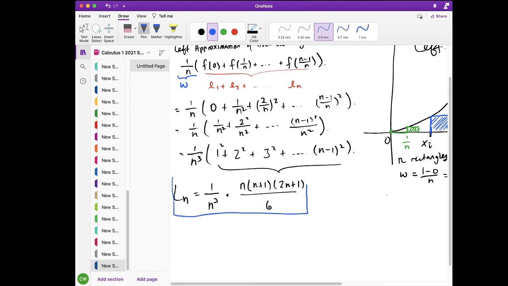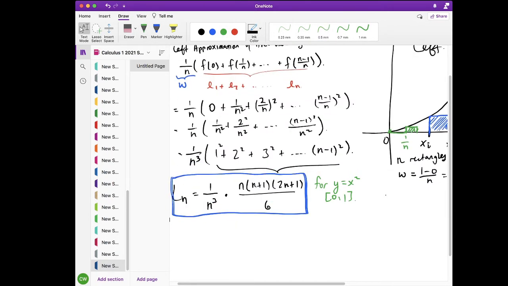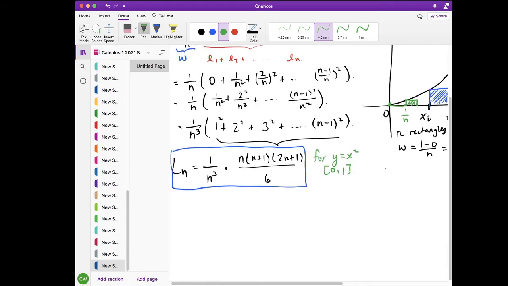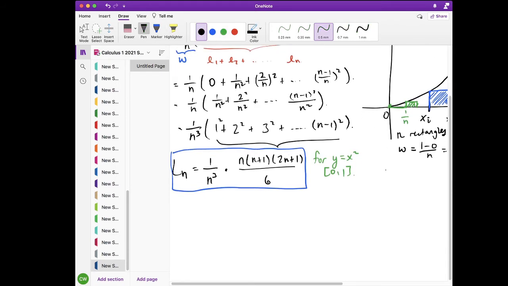So for example, remember this is not in general, but just for y equals x squared from 0 to 1. It's not a universal approximation. So for example, if you want to find L, let's say for some reason you want to have 11 equally spaced rectangles, then you just plug 11 into n.